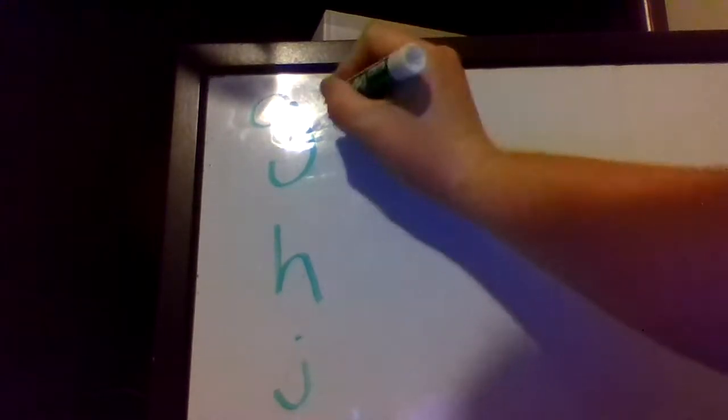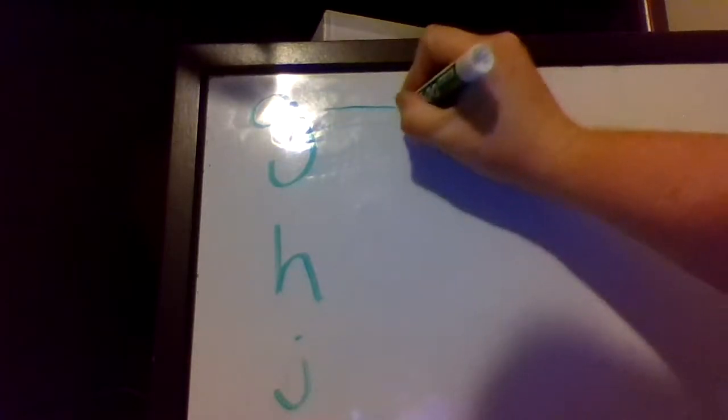If we add one of our vowel sounds, remember A, E, I, we're going to add the A because that seems to be a pretty easy vowel to add after a consonant.